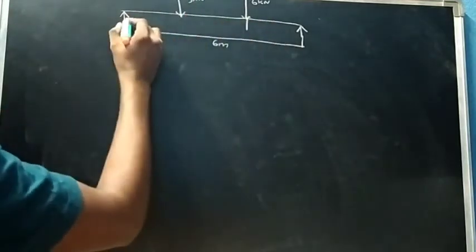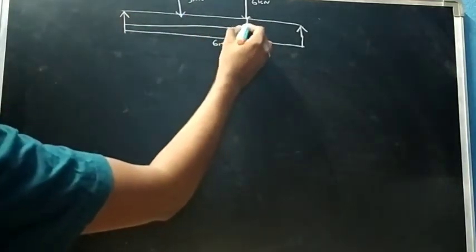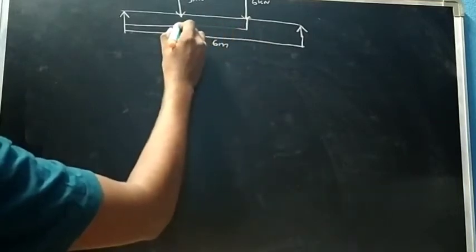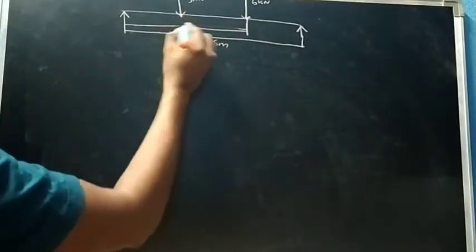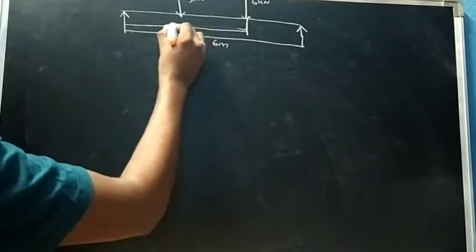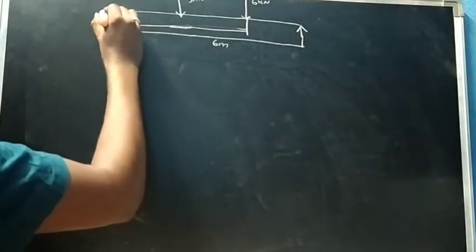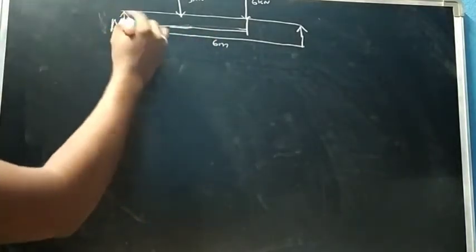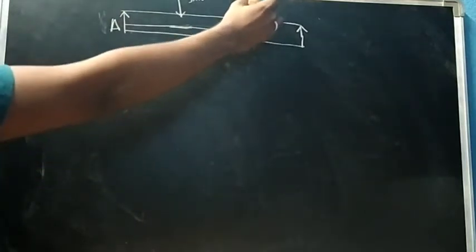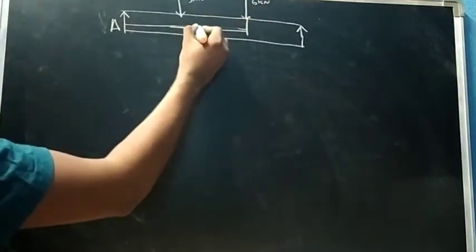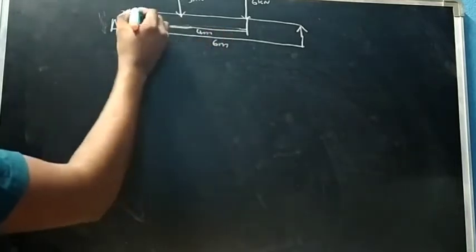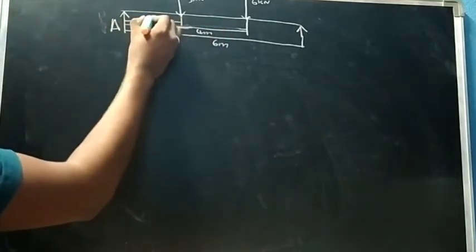From the left, the length from point A to the load 6 kilonewton is 4 meters, and then 2 meters.